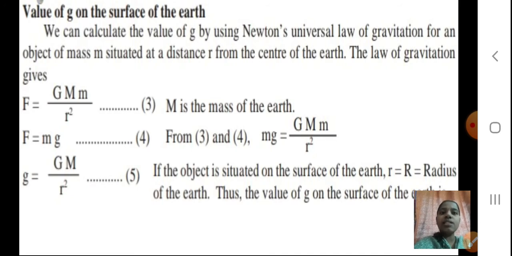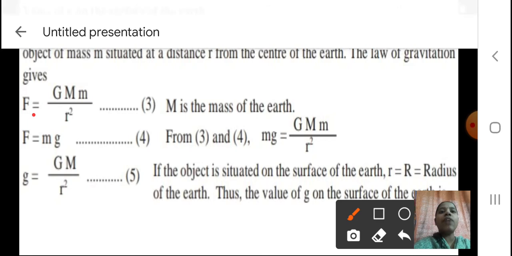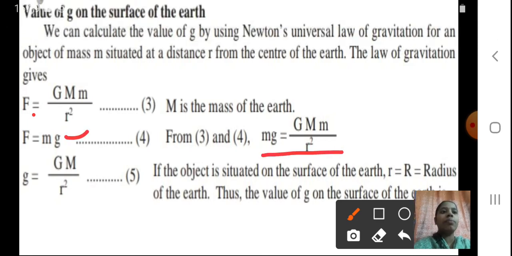So from equations 3 and 4, instead of F I have put mg. See here, it became mg is equal to G M m upon r square. Now students, this m and this m get cancelled from both sides. So what equation are you getting?